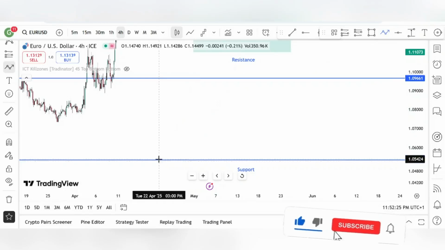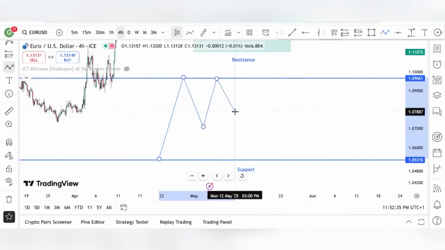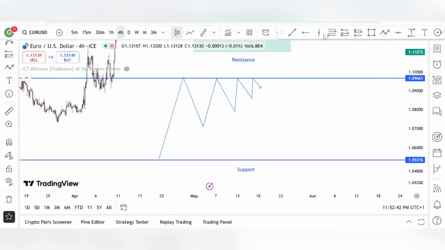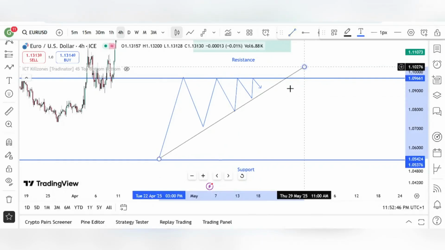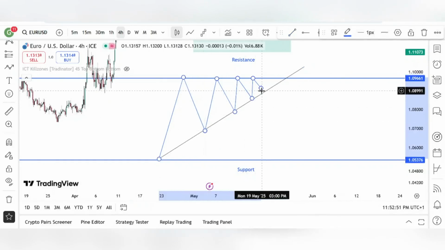Let me make this a little bit interesting, slant. So you can see this is a triangle pattern. Don't mind how it looks, just get the understanding. That's what is important. So this is what a triangle pattern looks like.